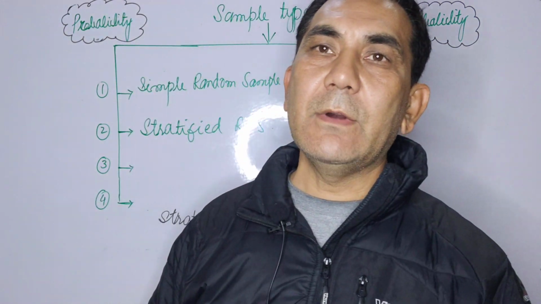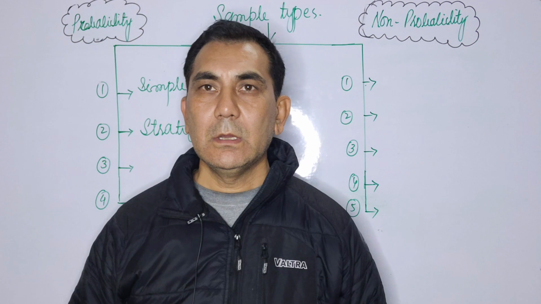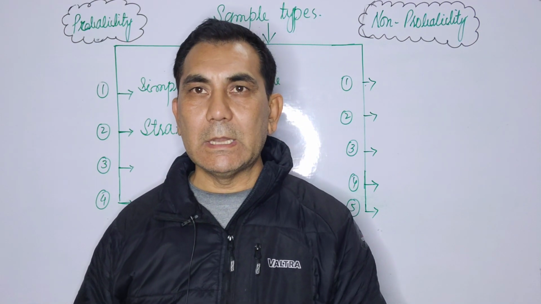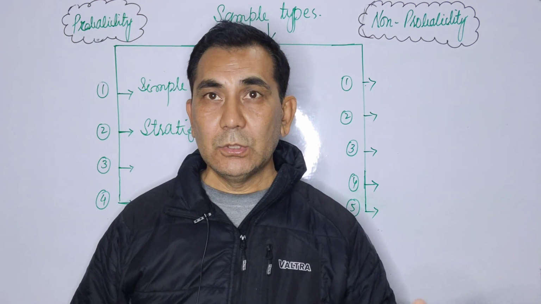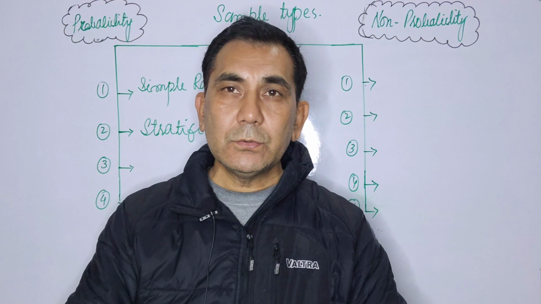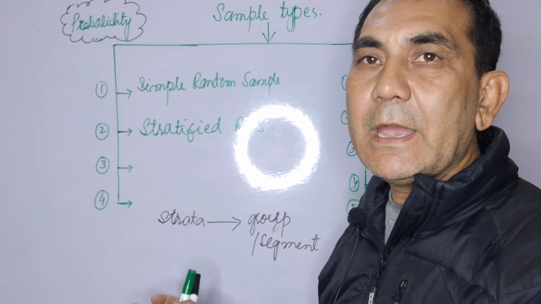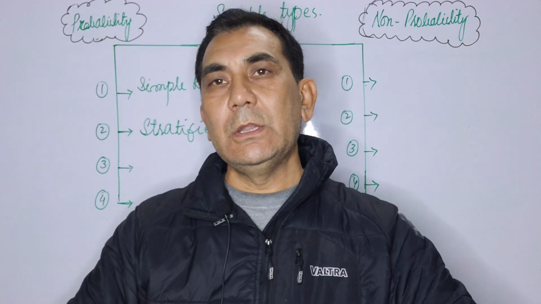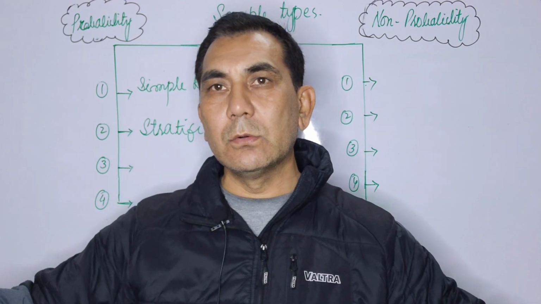Suppose a researcher wants to conduct a study to see the prevalence of diabetes mellitus in the rural area and in the urban area. So before selecting the 100 sample size, he divides the group into homogeneous strata, the urban group and the rural group.